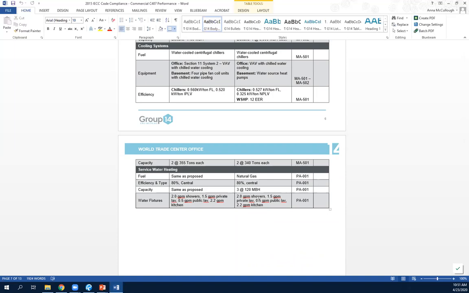And so there's a question there about, can we actually take credit for reduced water fixtures in the proposed? So we always model the capacity of the water heaters the same in the baseline and proposed, but we had previously been taking credit for more efficient water fixtures.